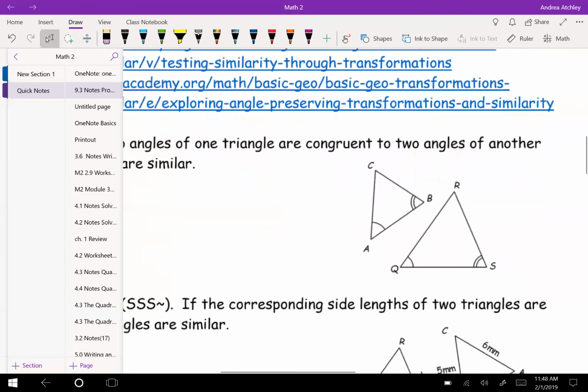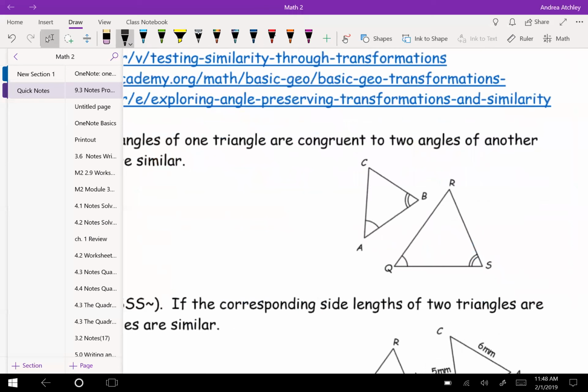Let's do a similarity statement. Triangle. Caleb, name one of the triangles for me? C, B, A. Okay.